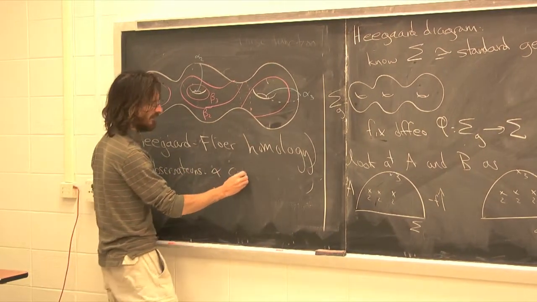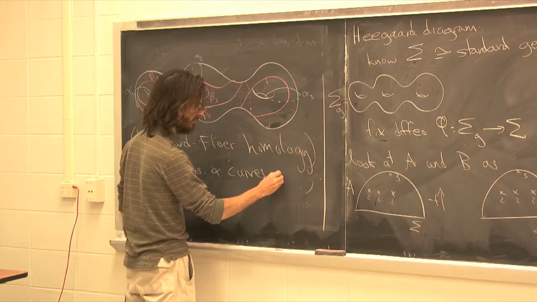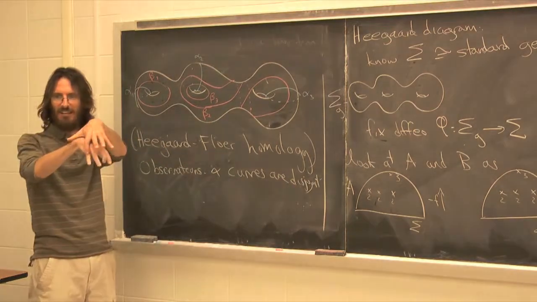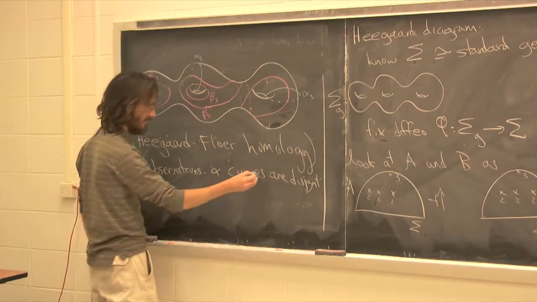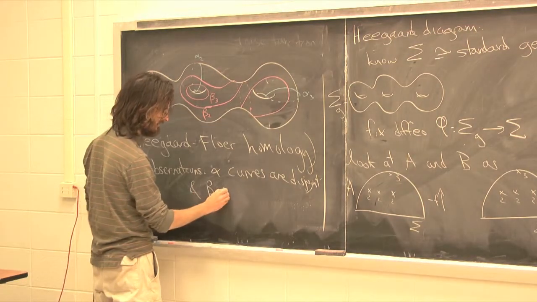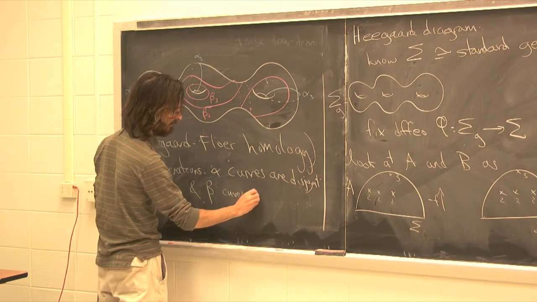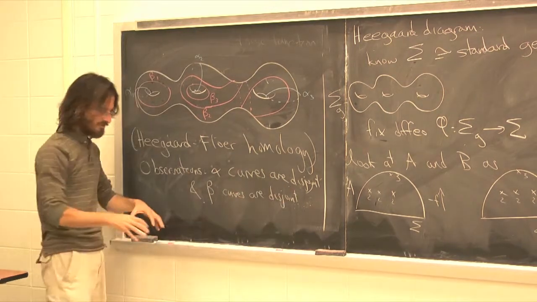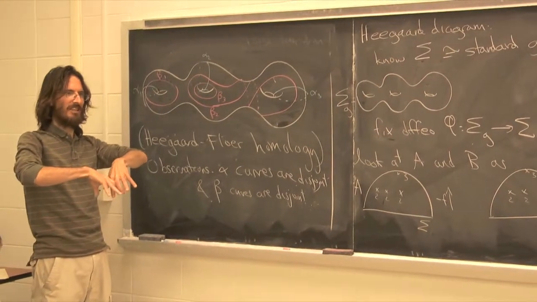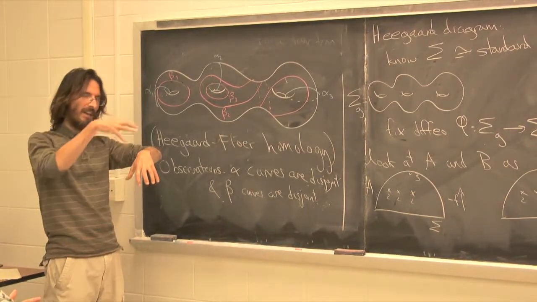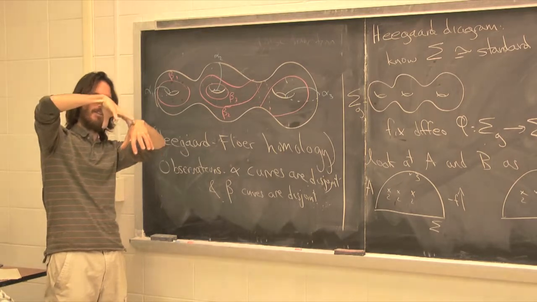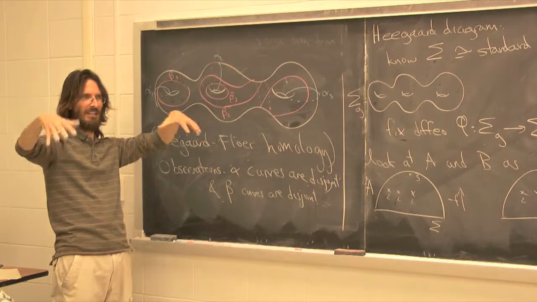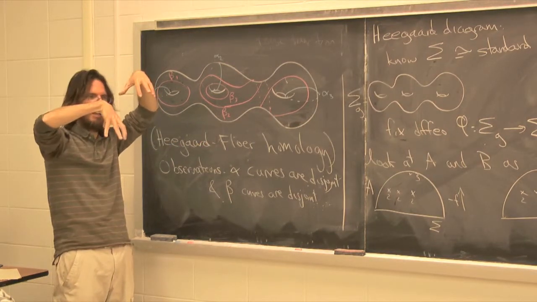the alpha curves are mutually disjoint, and the beta curves are mutually disjoint, just because when they attach, they can't overlap, right? But the alpha and beta curves can intersect each other. If a two-handle ran over the other two-handle, you wouldn't see its entire attaching map down in sigma, because its attaching map wouldn't get down to sigma.